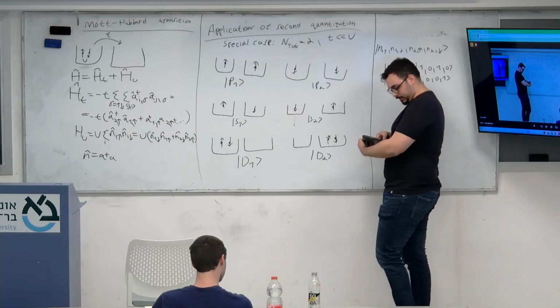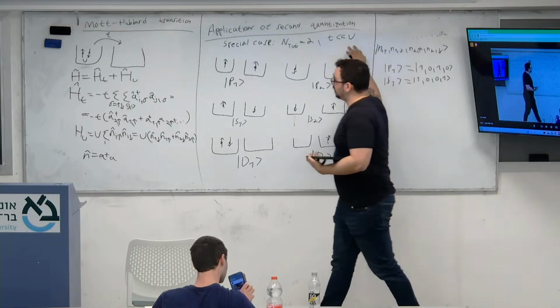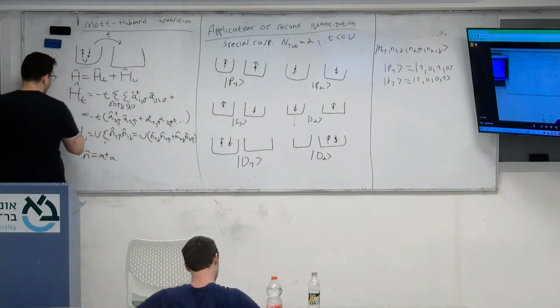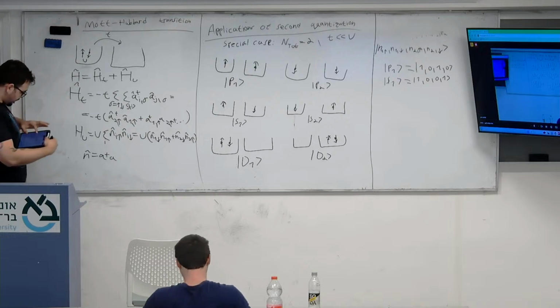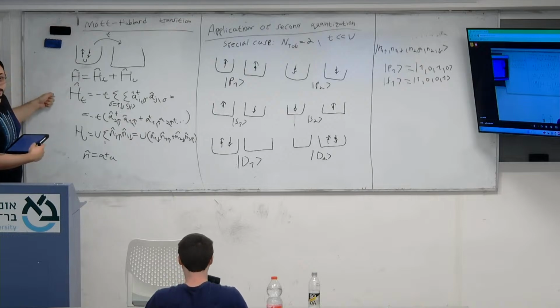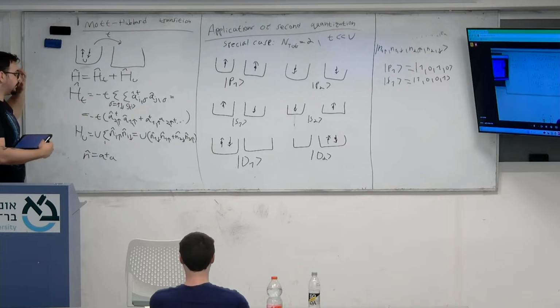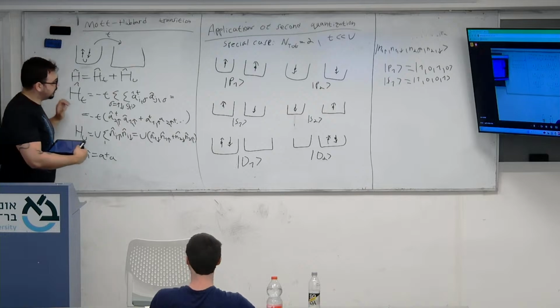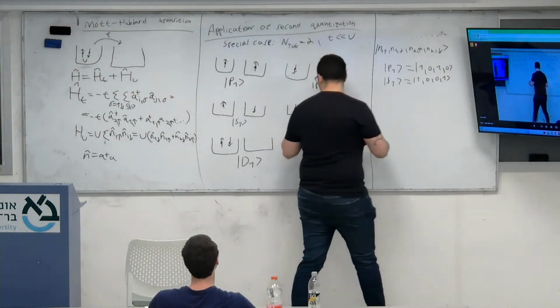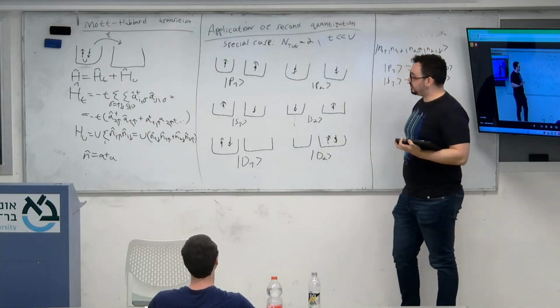Instead, I will take this assumption and treat H_t as some small perturbation. Using this perturbation, I will make a canonical transformation to the Hamiltonian, and then I will project it on the S1 and S2 space.